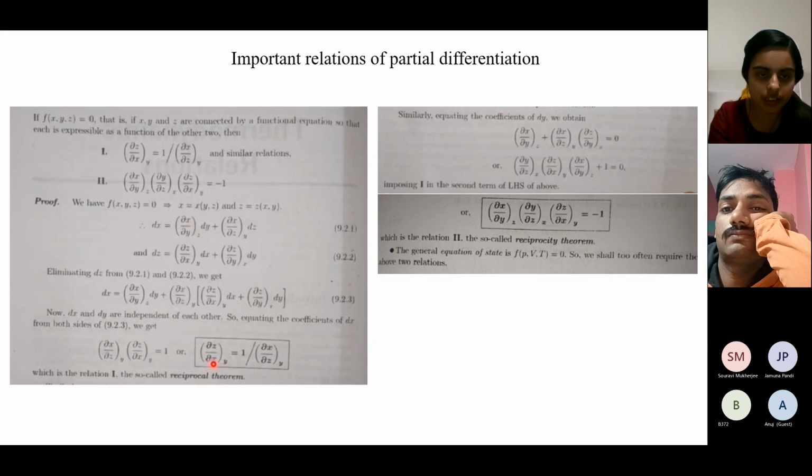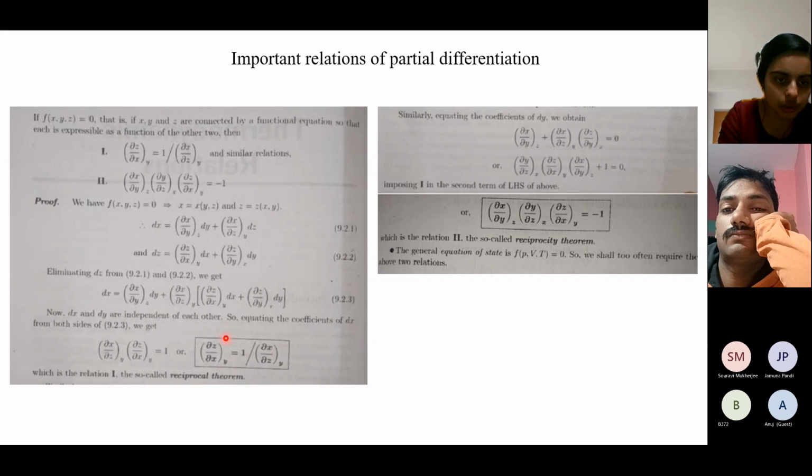So the two important relations that help us to solve this kind of questions, which deal with partial differentiation, are these two. If you have x, y, and z, these are different variables, and they are connected by some functional equation. Then if you find ∂z/∂x at constant y, that can be written as 1 by ∂x/∂z at constant y.